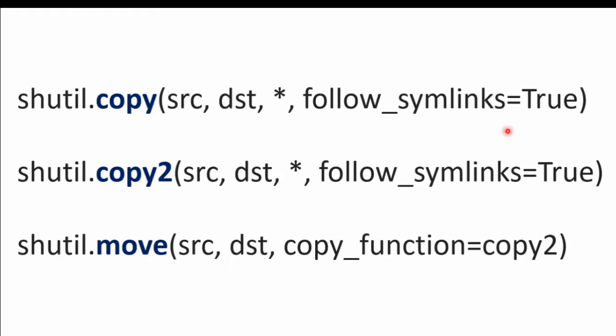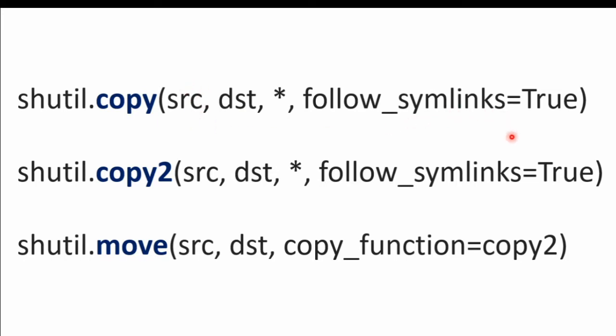So, for example, if this argument is set to false and src is a symbolic link, dst will be created as a symbolic link also. And if this argument is set to true and src is also a symbolic link, the dst will be a copy of the file which src is referring to.